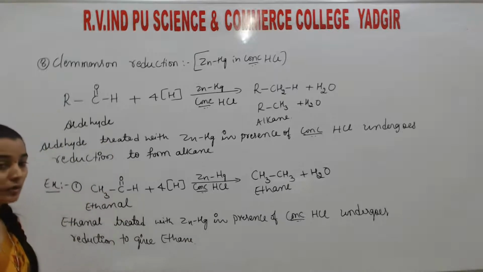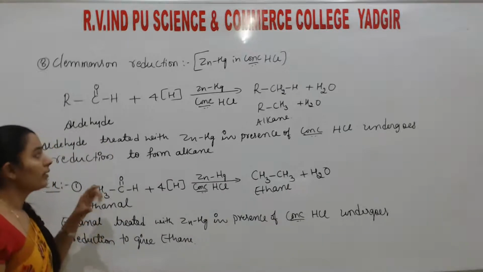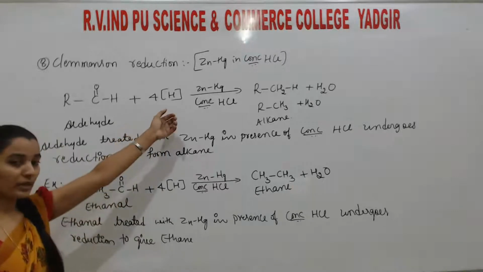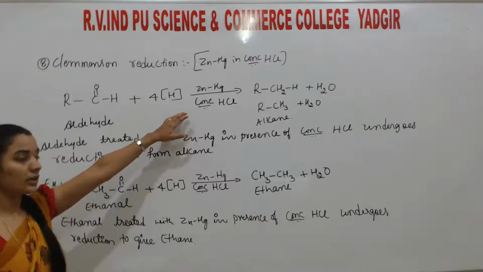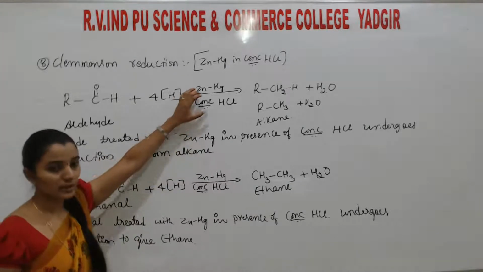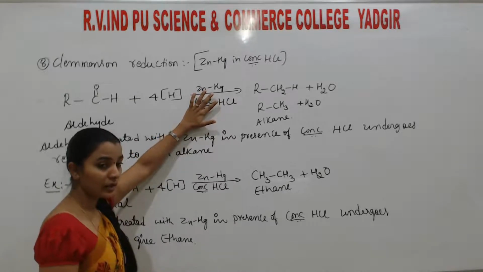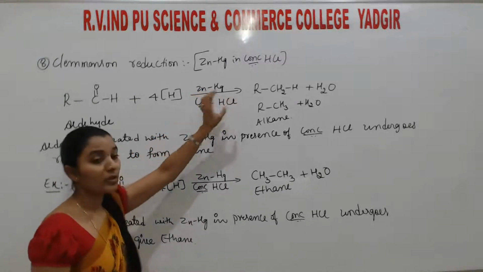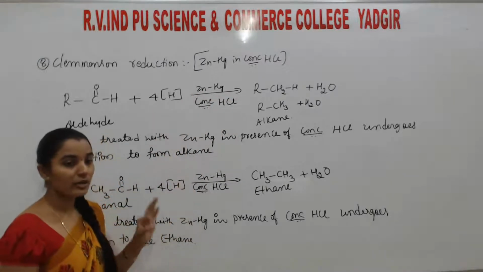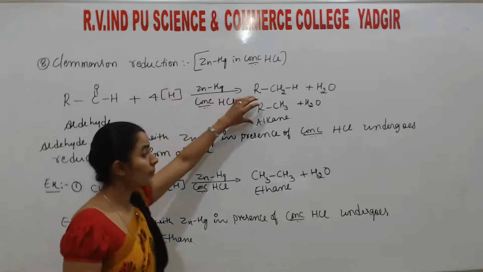What you have to remember here, students, is that as I told you initially, in the presence of platinum or palladium or lithium aluminum hydride or sodium borohydride as a reagent or catalyst, the product formed keeps the R group as alcohol. But this is a special reaction, Clemmensen, specially studied using these reagents to prepare alkanes.